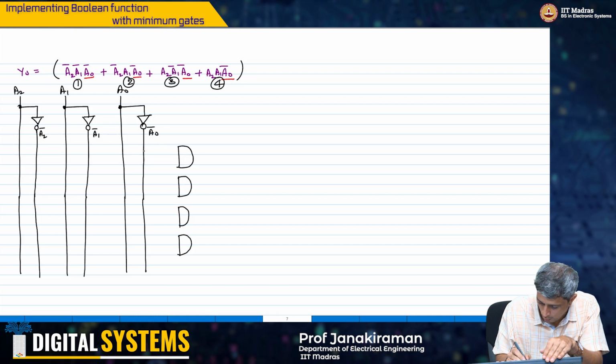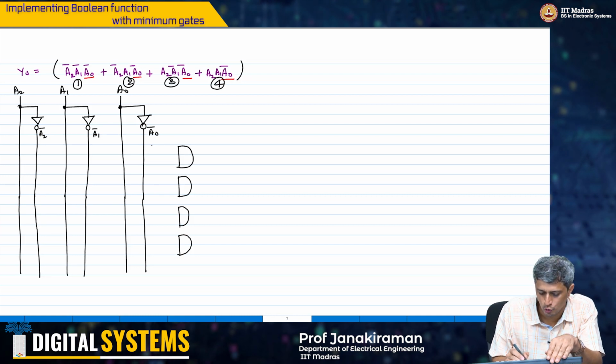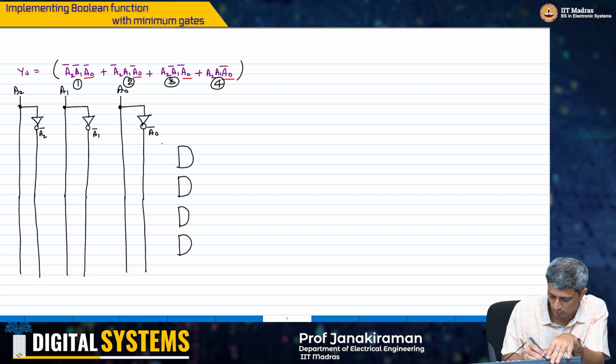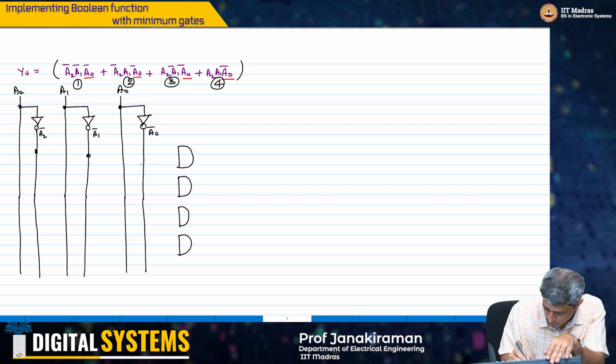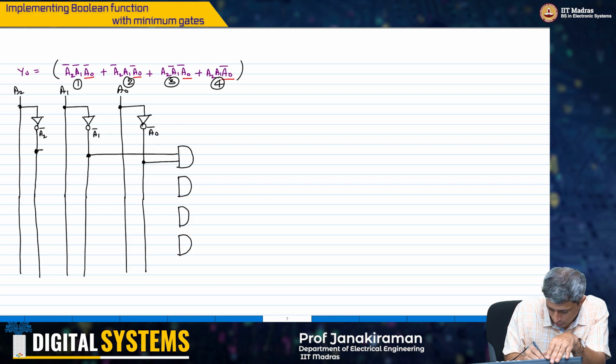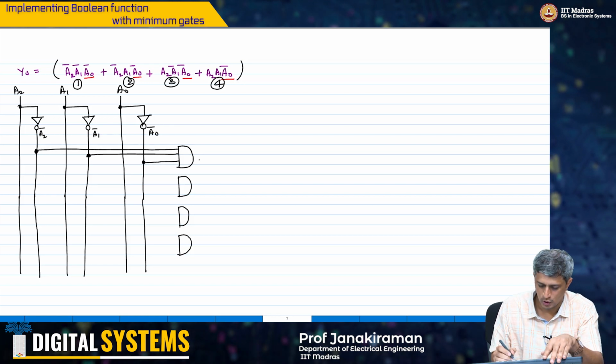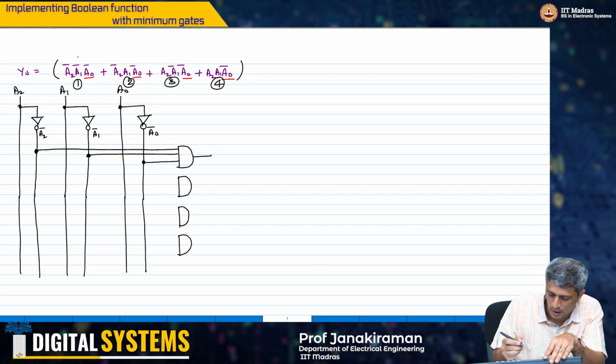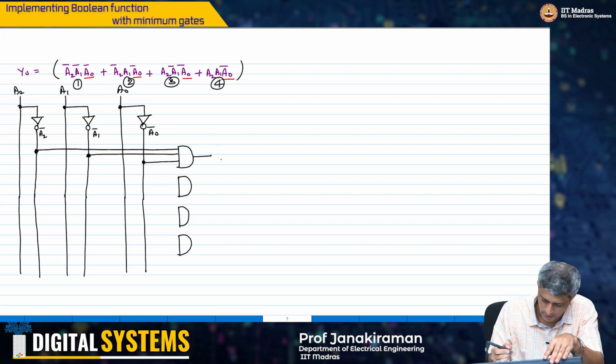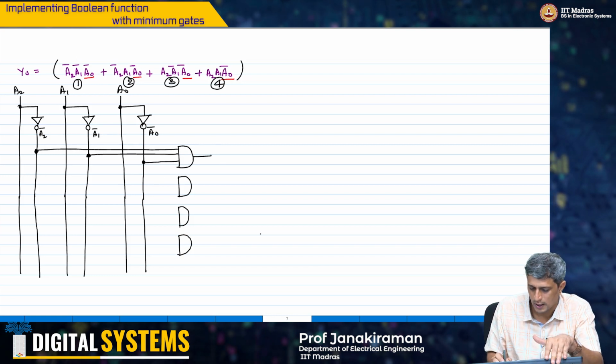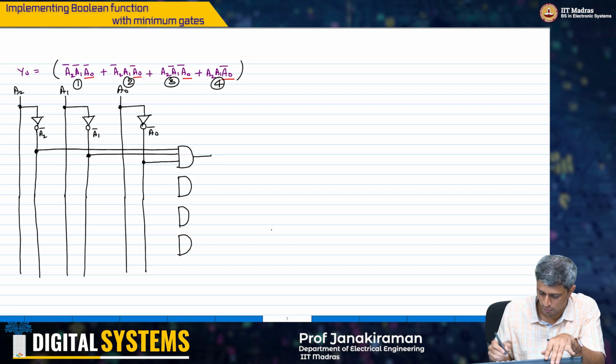Right. So now I have A2 bar, A1 bar and A0 bar. So I need to select these inputs. Okay. So I get, the second AND gate has to have inputs A2 bar, A1, A0 bar, right?